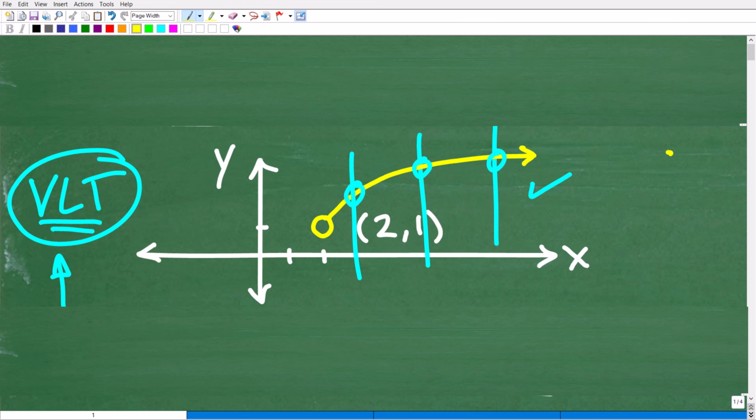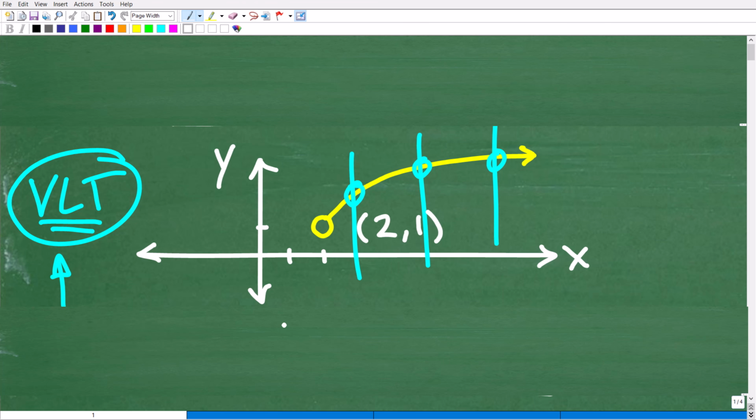If you had some sort of graph like this, for example, a vertical line passes through it more than once, two times, so this would fail the vertical line test. Because this graph passes the vertical line test, it does represent a function.